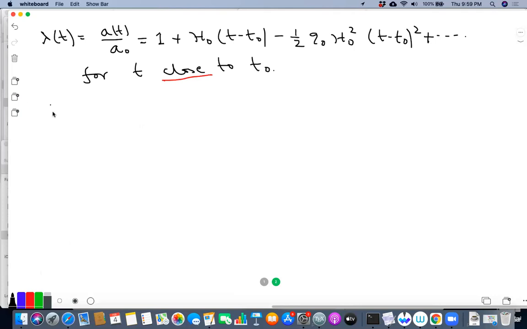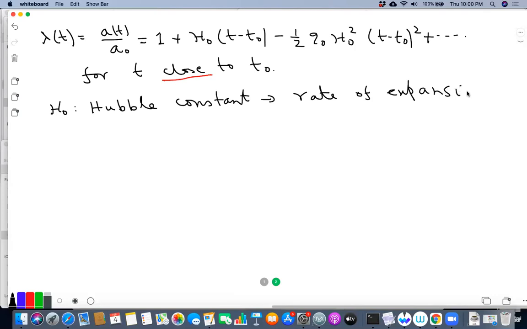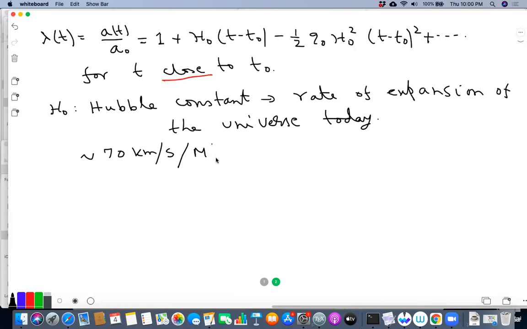So h naught has a name. h naught is called the Hubble constant. And this measures the rate of expansion of the universe today. Its value is roughly 70 kilometers per second per megaparsec.